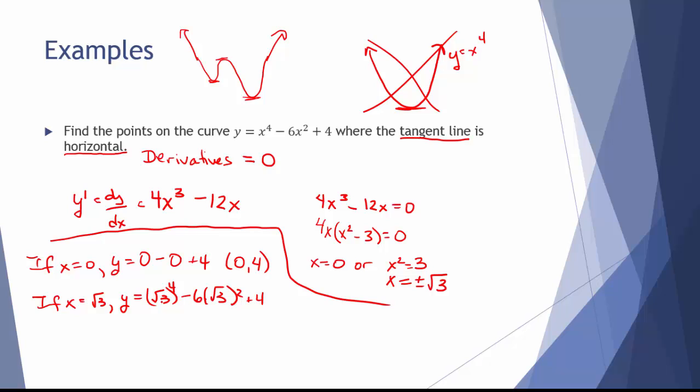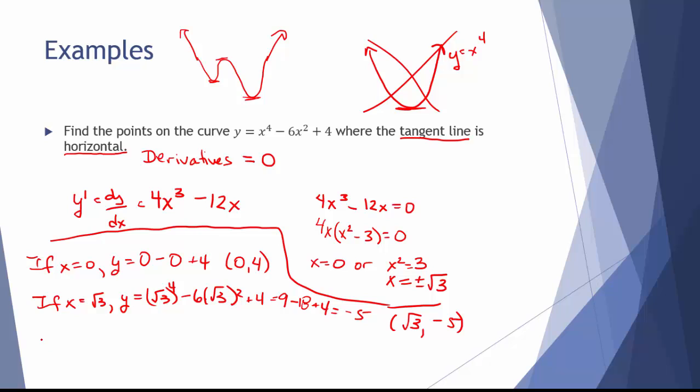So that'll be 3 times 3. That's going to give me 9. So that's 9 minus the square root of 3 squared is 3. So that's minus 18 plus 4. So that gives me negative 9 plus 4 for negative 5. So my other ordered pair that I just picked up is the square root of 3, negative 5.